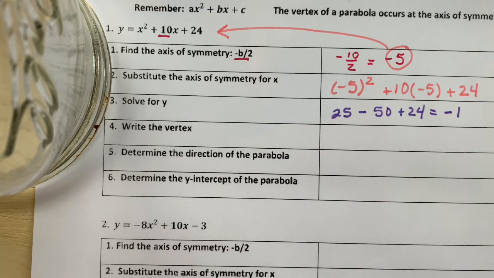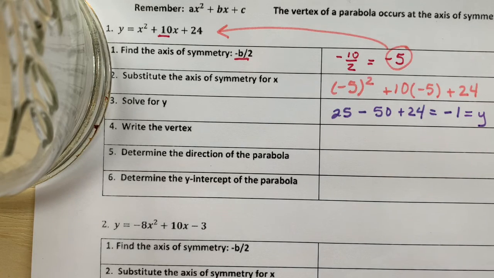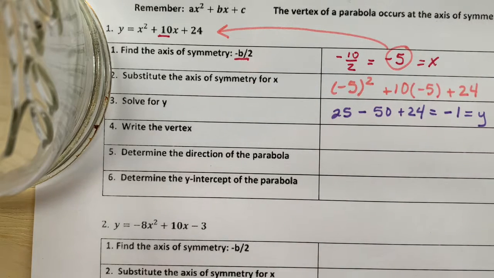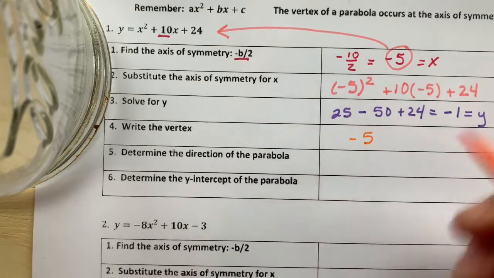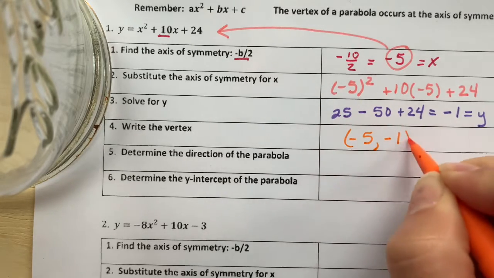So we solved for y. That's equal to y. And this first number, this negative 5 that we found, is equal to x. So we need to write our vertex. And our vertex is at negative 5, because that's what our x is, comma, what our y is, negative 1.